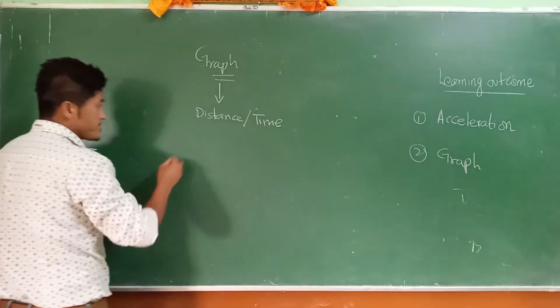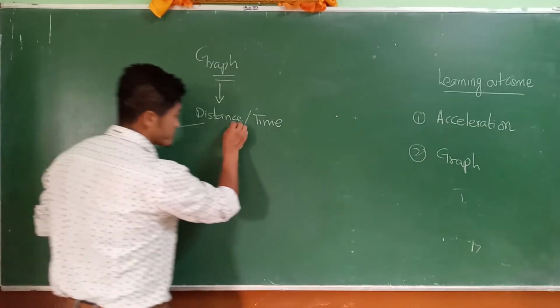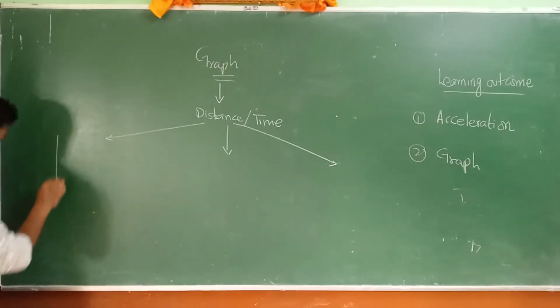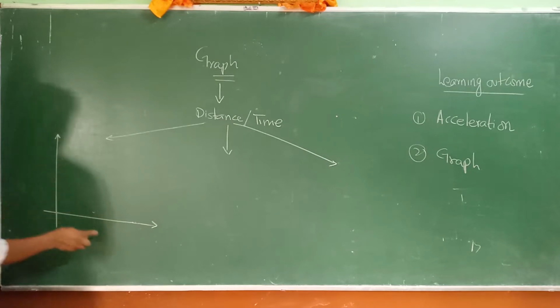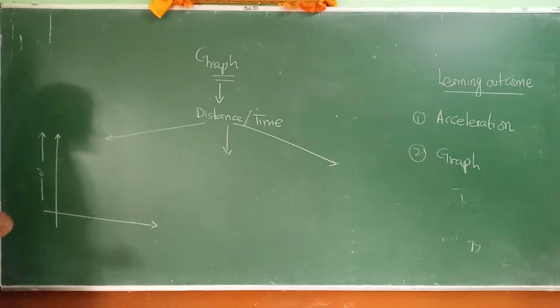So now I'm going to write in this format. On the y-axis, I'm going to write distance s; the letter s symbolizes distance.